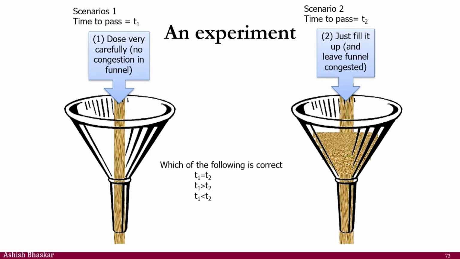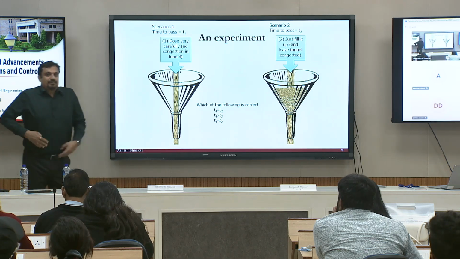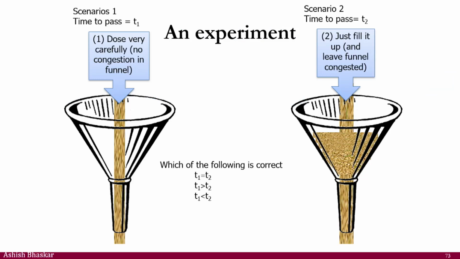Let's say the drop is the same, but here you have poured in a very streamlined manner, so that you are not able to obtain that condition here. What's the reason why you have more time for scenario 2 than scenario 1?